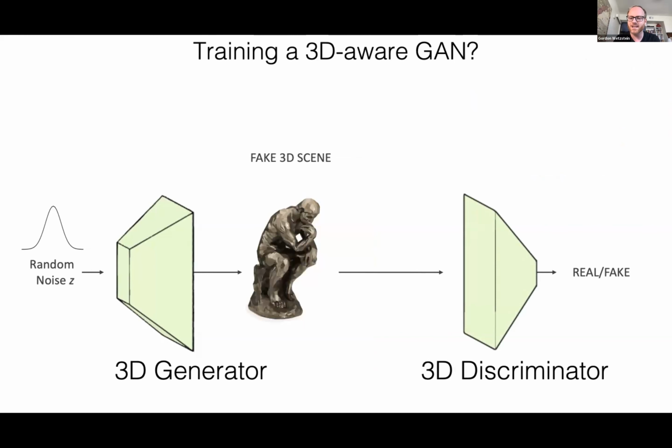The key challenge from a representation point of view is how do you make this tractable? You can naively use a 3D generator network, for example a 3D CNN, but that's really inefficient and really slow. You get some voxelized representation. And if you want to use a 3D discriminator, how are you going to use these natural images?